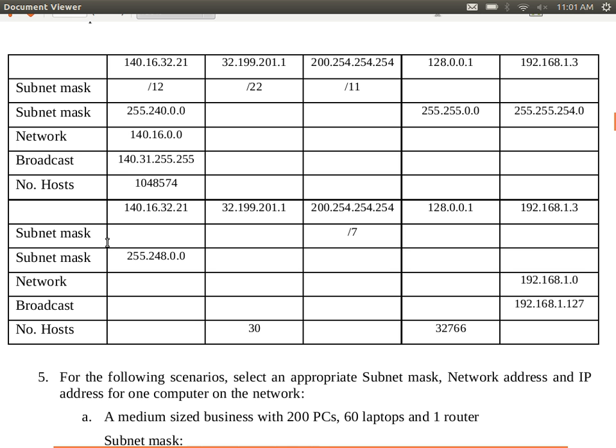Remember, the rule is that all devices attached to that same subnet must have the same first 13 bits. And the last 19 bits must be different. So if we have 19 bits that we can change, we have 2 to the power of 19 possible values.